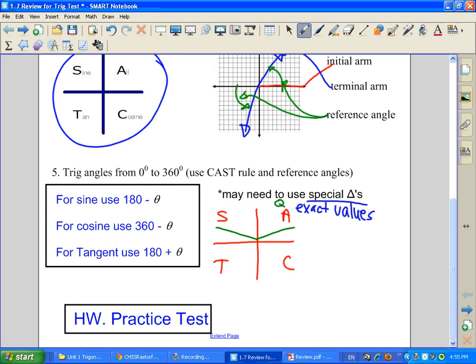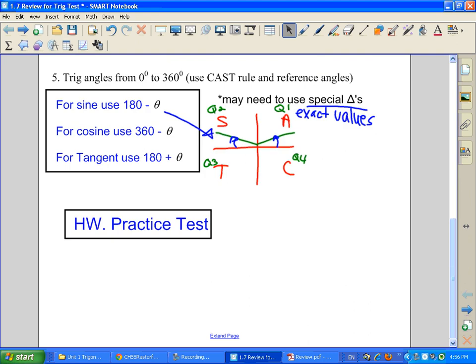So just remember Q1, Q2, Q3, Q4. What we know is that the angles between 0 and 360, it could be theta itself, or to get this reference angle, it's going to be 180 subtract theta. Likewise, we could do it for the cosine. If I just quickly draw it, C-A-S-T.